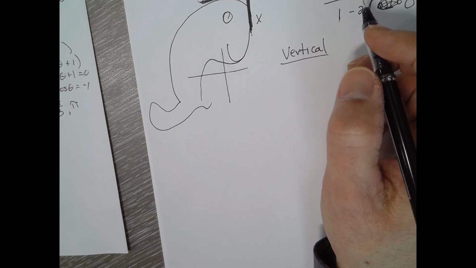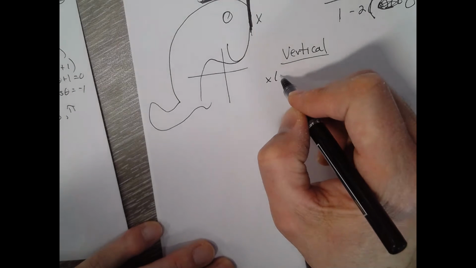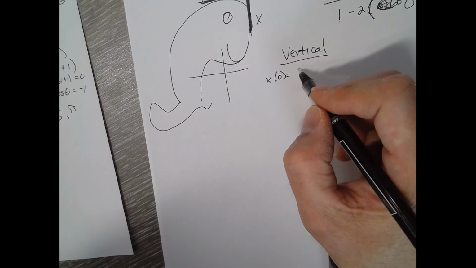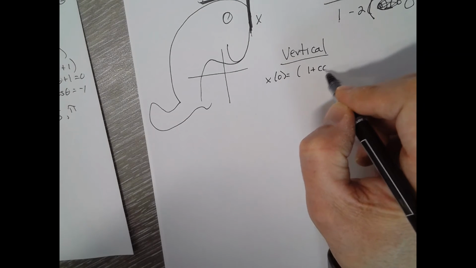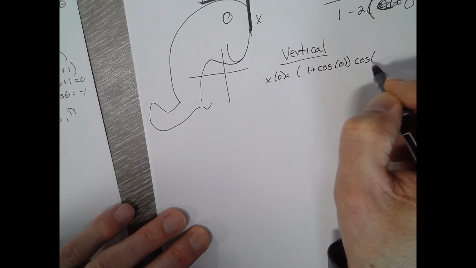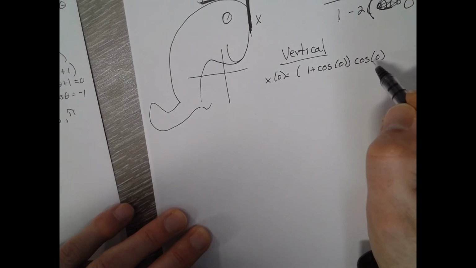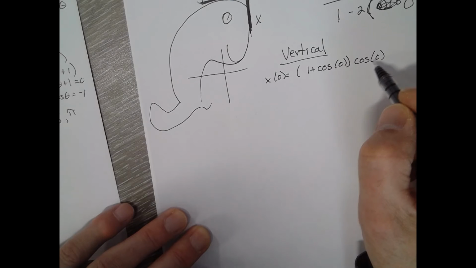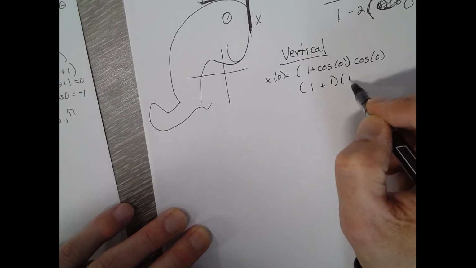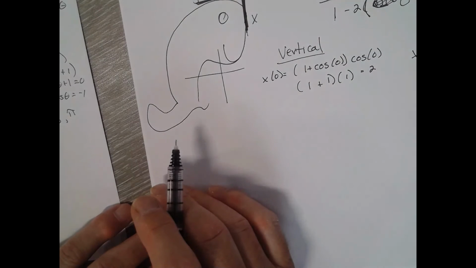So for vertical, theta equals 0. X of 0 gives you, our x equation is 1 plus cosine of theta times the cosine of theta, or cosine 0 is 1, so I have 1 plus 1 times 1 gives you 2. So x equals 2 is one vertical line.